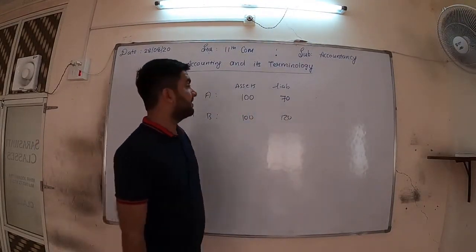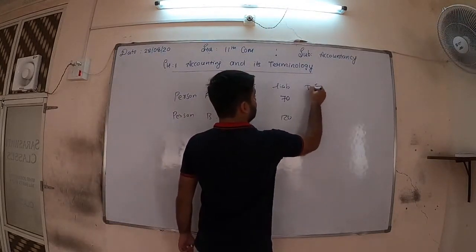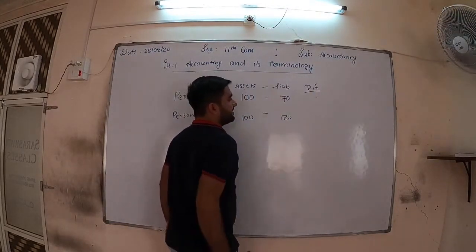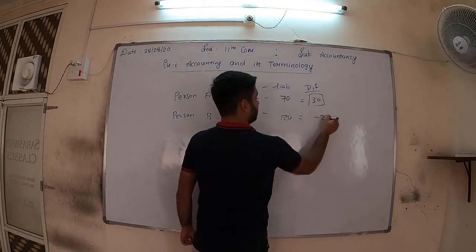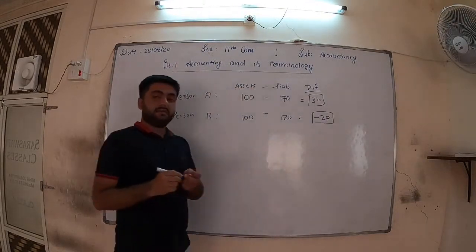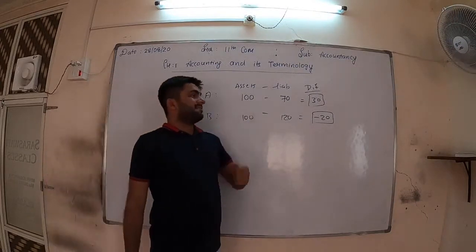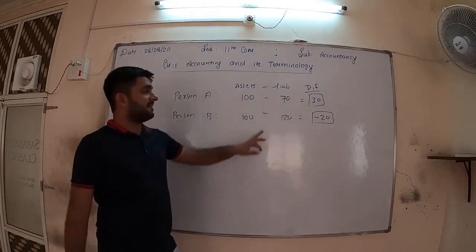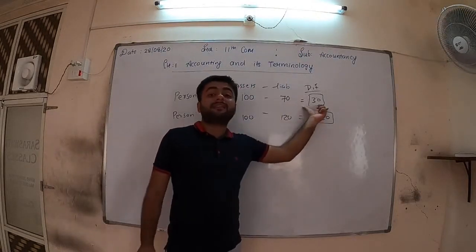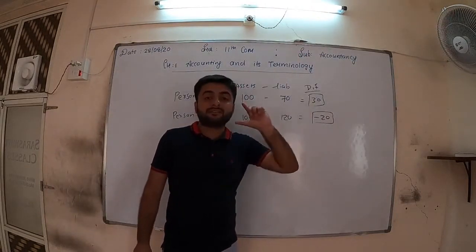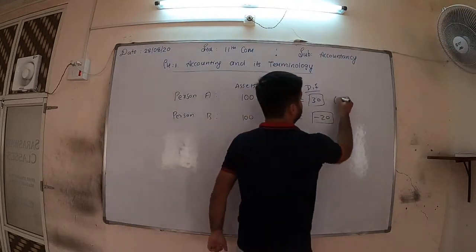Now friends, if we take the difference of assets minus liabilities, this is the result. Person A has 100 rupees assets and he has to pay 70 rupees in future. So the net 30 rupees is a surplus to him.